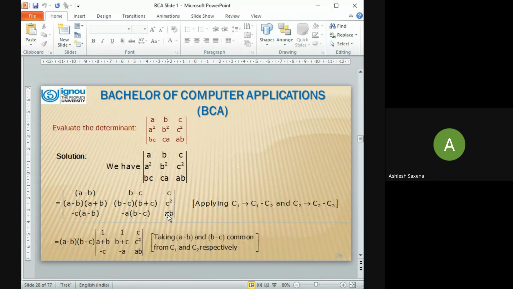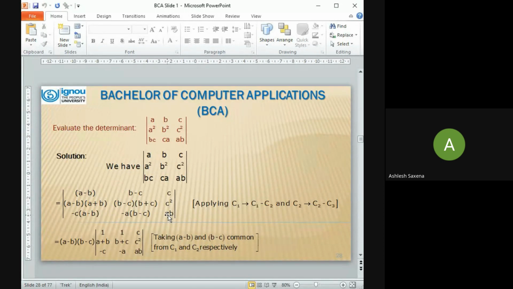Somewhat tedious problem. Normally, these are the problems which one should be in a position to simplify. Straight away, this will be the problem given to you: A, B, C, A square, B square, C square, BC, AC, and AB.